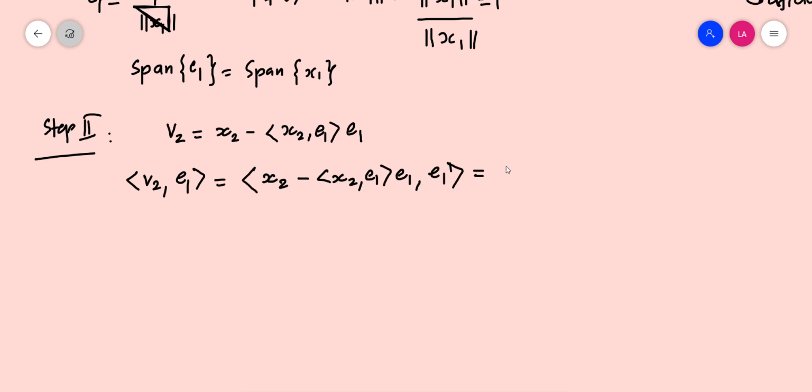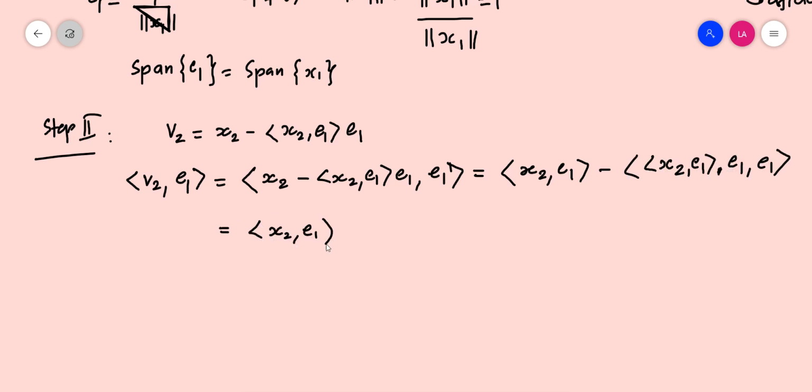Using the basic properties of inner product, this is inner product x2, e1 minus inner product x2, e1 times inner product e1, e1.